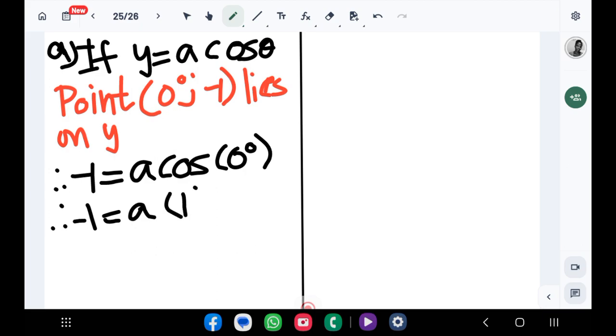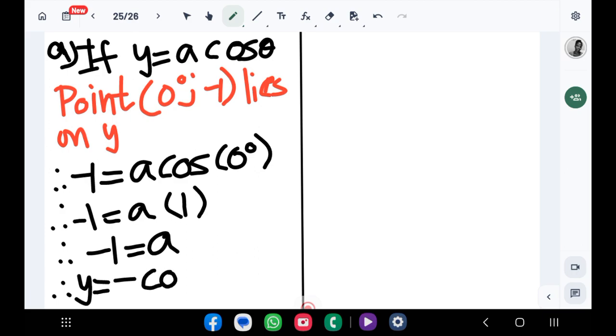So that is a times 1. Therefore, negative 1 equals a. So meaning therefore, the equation is y equals negative cos of theta.